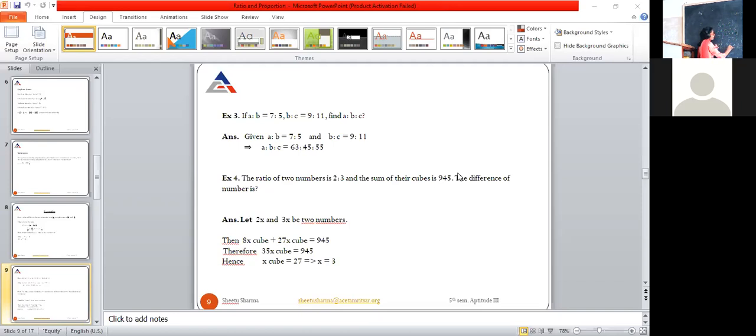Similarly, 9 into 5 is 45, divided by 11 into 5 is 55. So these two terms are the same. It means that the value of a is 63, the value of b is 45, and the value of c is 55. So this ratio is 63 is to 45 is to 55, right?